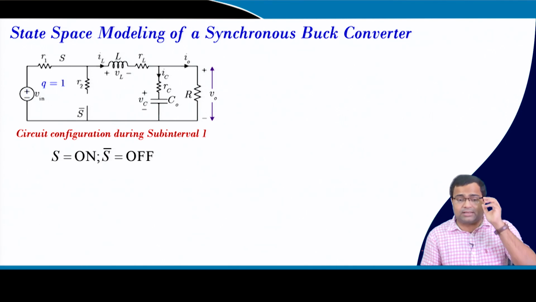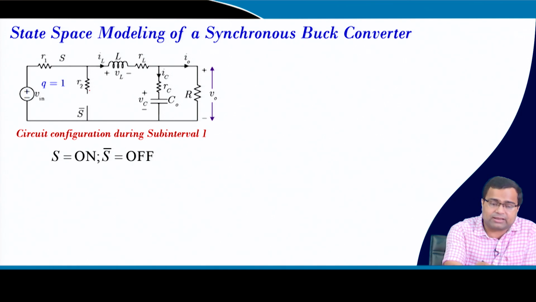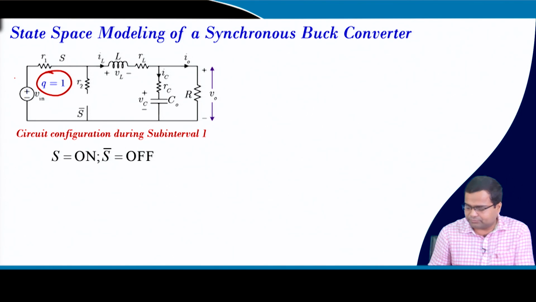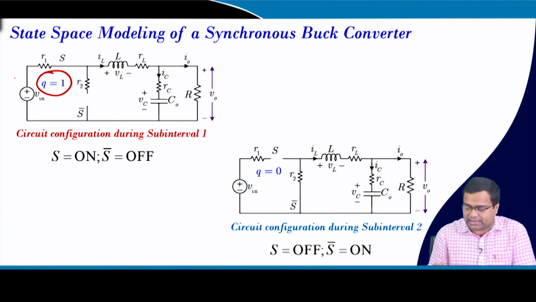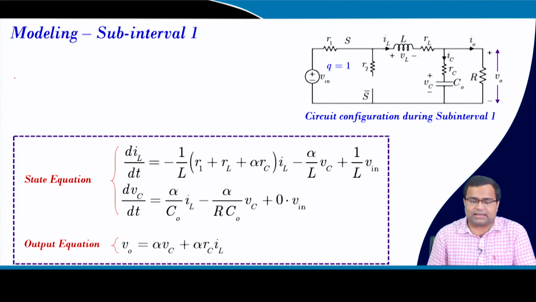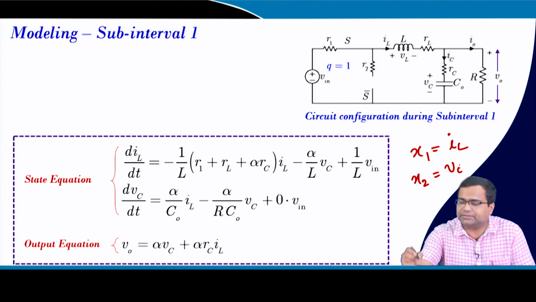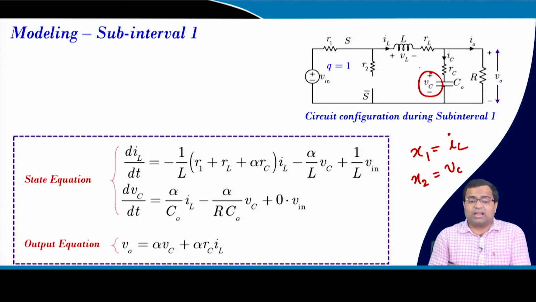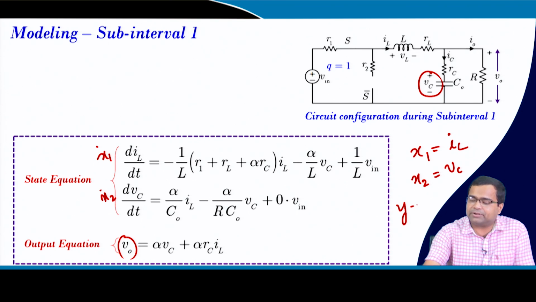So, I will take just a glimpse of the state space model. If you take a synchronous buck converter, with switch configuration 1 and switch configuration 2, and if you take state 1 as the inductor current and state 2 as the capacitor voltage, which is here, okay, then you can write x1 dot, x2 dot, and for the output y I am taking V0.